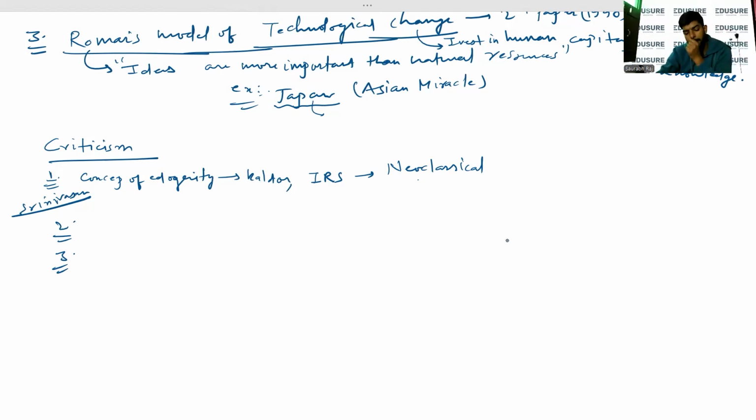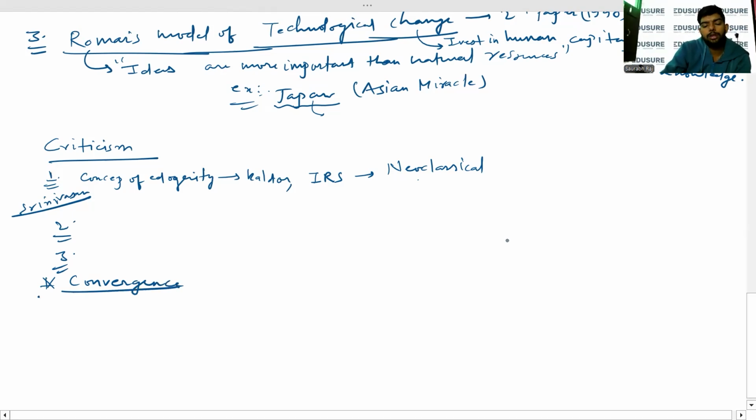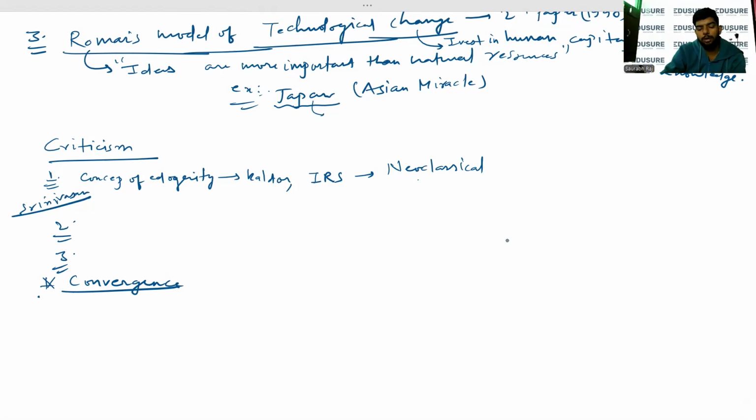So this is also one of the criticisms. Then we have whether they predicted convergence or not. In the classical Solow model, we have seen there are conditions where absolute or conditional convergence happens, and some situations where unconditional convergence happens.